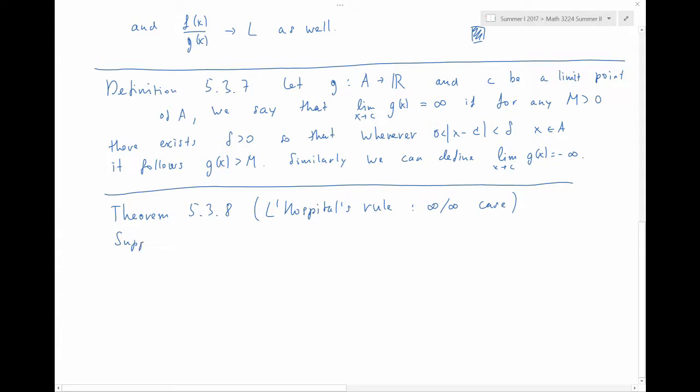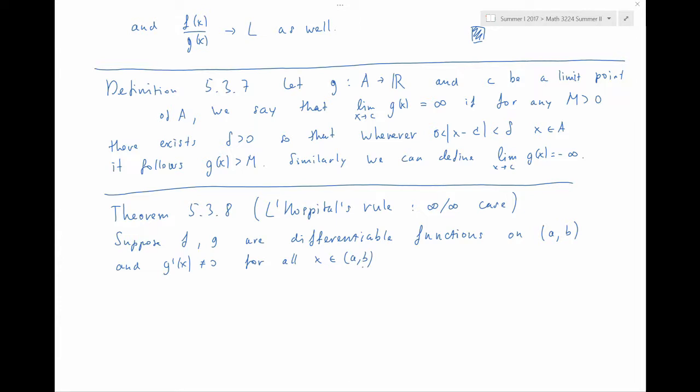Suppose f and g are differentiable functions on some interval a to b, and g prime of x is not 0 for all x in a to b.